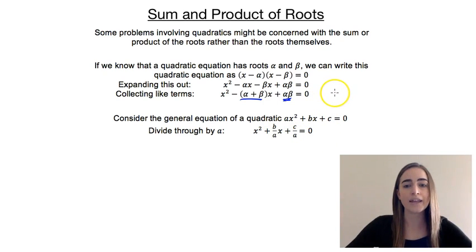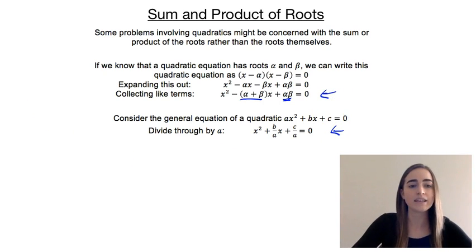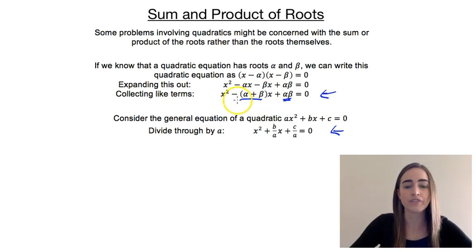If we equate these two equations, we can see that the coefficient of x in this one is minus (alpha plus beta), and the coefficient of x here is b over a. The constant term in the first one is alpha beta, and here our constant term is c over a. So we can equate the coefficients in both of those equations.